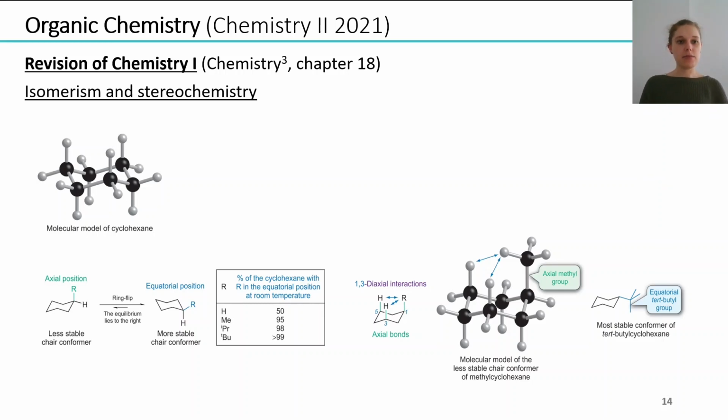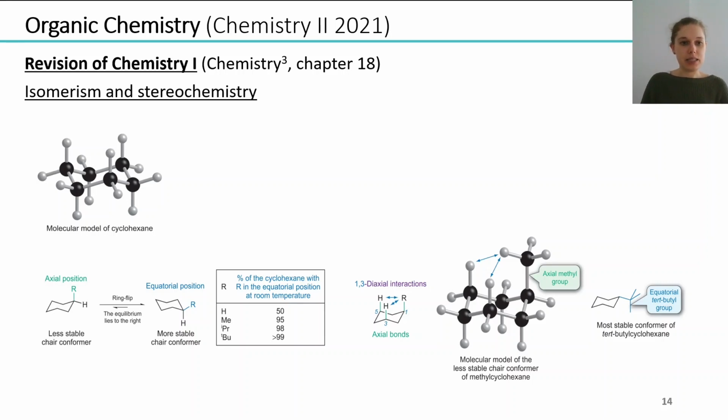And as an example, we can have a closer look at cyclohexane. And here we see the chair conformation, and we have 6 carbon atoms, and on each carbon atom we have hydrogen atoms, and ideally these hydrogen atoms want to go into the preferred staggered conformation with the lowest energy.